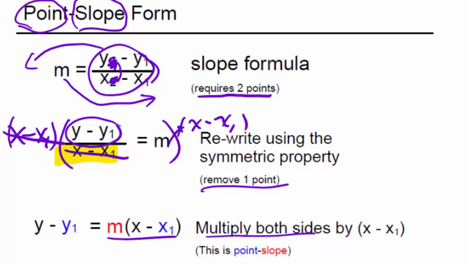So we multiply both sides by x minus x1, which is the x coordinate of that 1 point, and that right there is point slope form. It's one of the easiest forms to start in, and it can be transformed into slope-intercept form, and into standard form, which we will see.